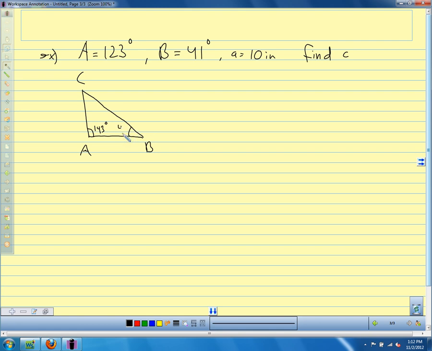Angle B is 41 degrees. And we want to find side C. All right, so we have two angles and a side, an angle-side-angle triangle.